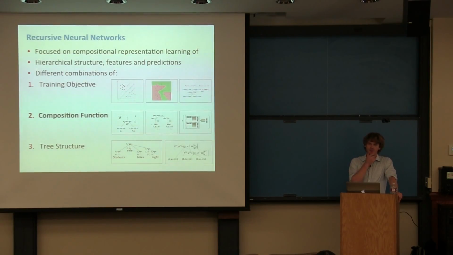Unless you want to get some bonus points, I think, for the third problem set, then one of these models today will be important. But basically, we'll focus today on a couple of extensions and design decisions that you can have when you work with recursive neural networks.